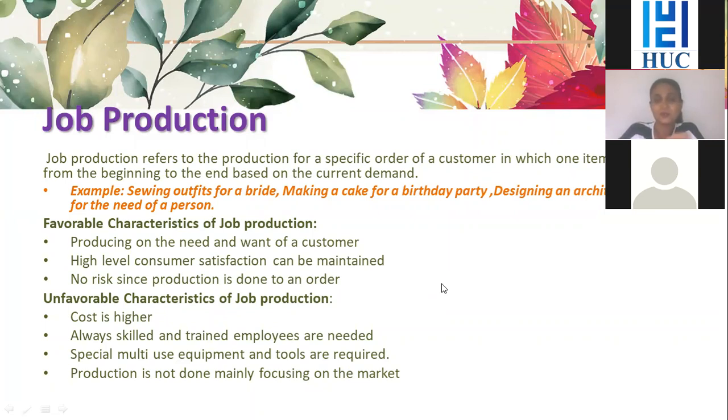So there are some businesses doing job production, producing one at a time. Those businesses are using job production, right? For example, bridal salons: their outfits are made only one time. Another example, website designers.